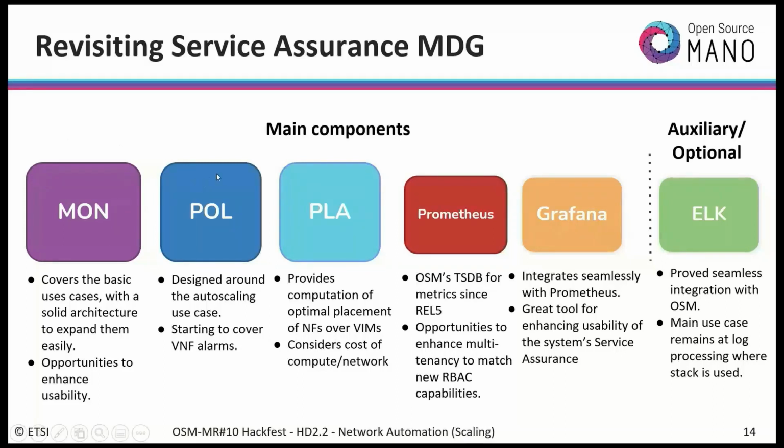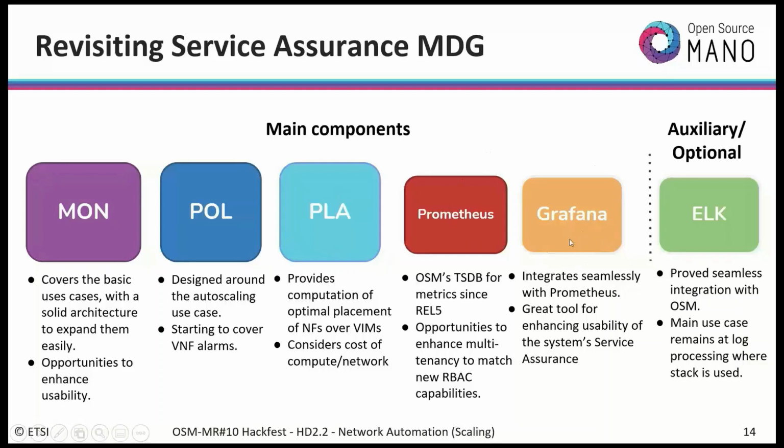Then there is POL, which is handling all the policies, all the actions that have to be taken. Then there is PLA, which will not come in this particular session, maybe, but in the next session we'll talk about that. The PLA is about placement. I mean, if the current VM is not sufficient for this particular service, we can move it to some other place. So it decides the placement.